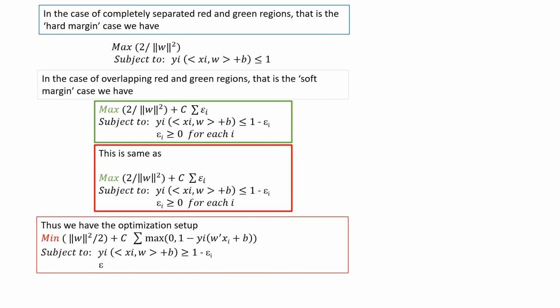Now, when you write it as a minimization, you revert it, because earlier it was 2 over w square. Now it is norm w square divided by 2 plus C times the maximum.